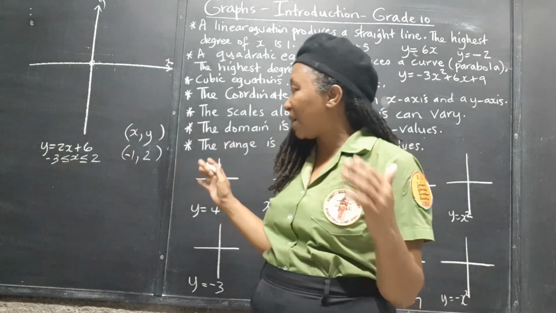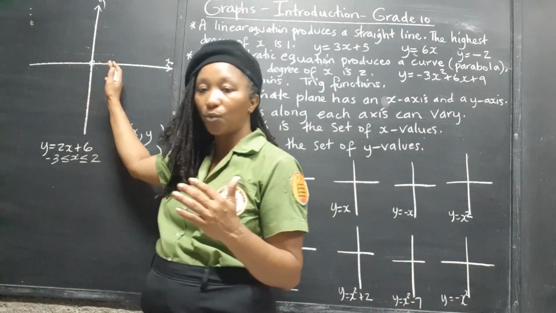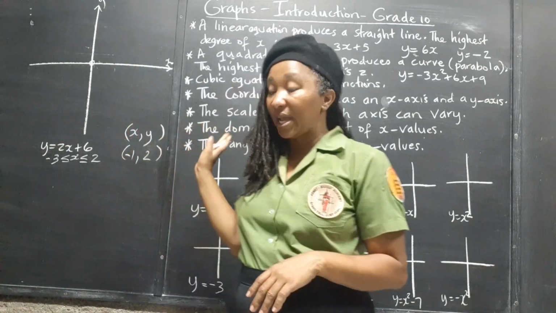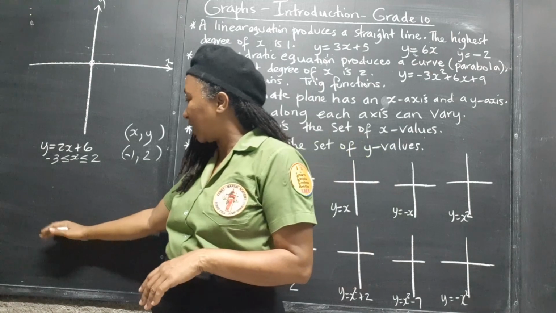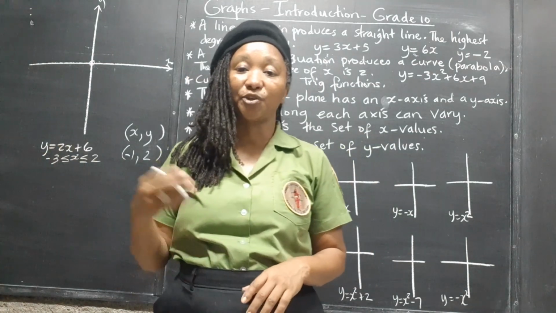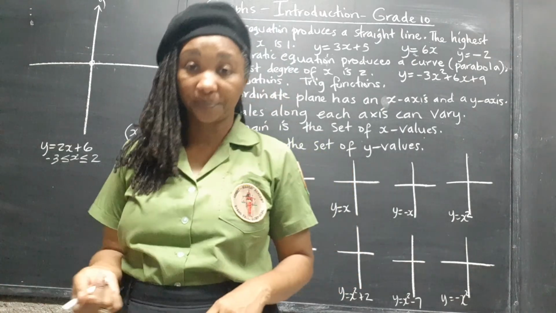So my graph will be between -3 on the x and 2 on the positive x. Your range will be the set of y values that you get after you plug your x values into the equation that you're given, into the function that you're given.